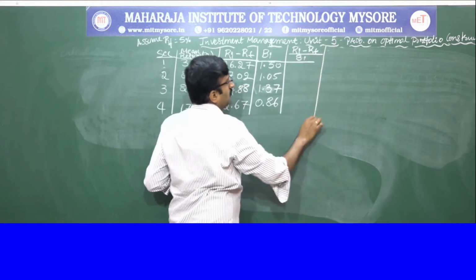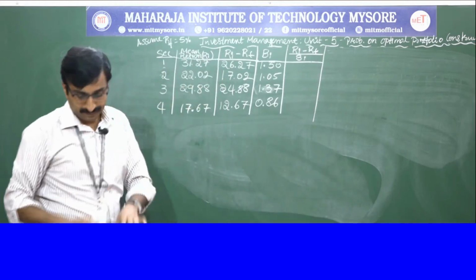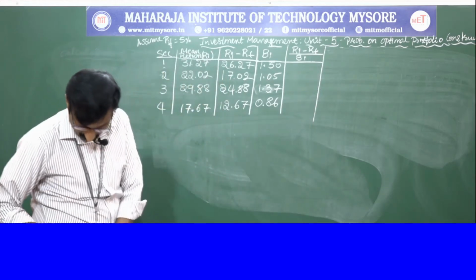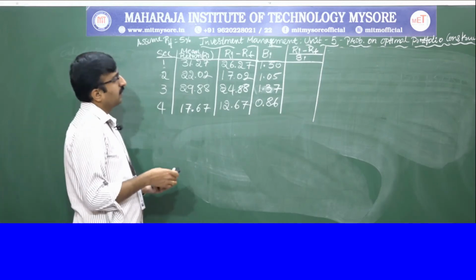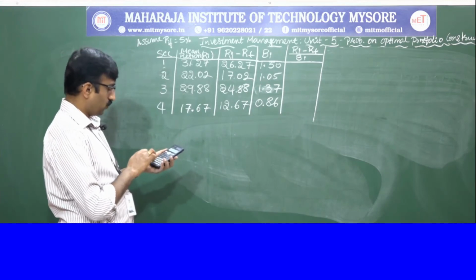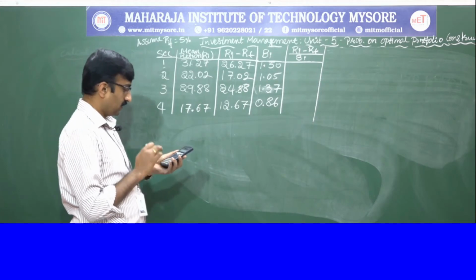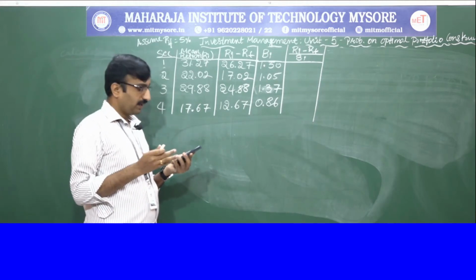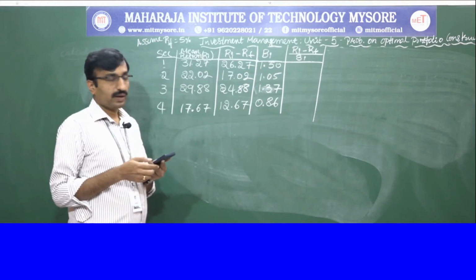If you do, find out how much you will get. 26.27 divided by 1.5.